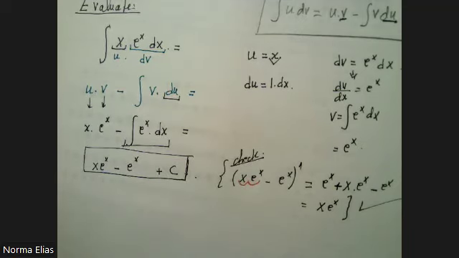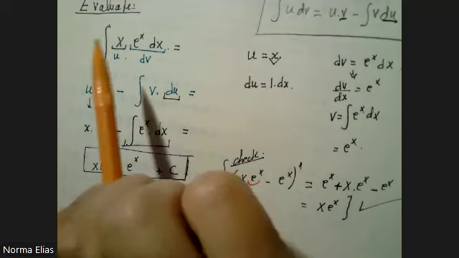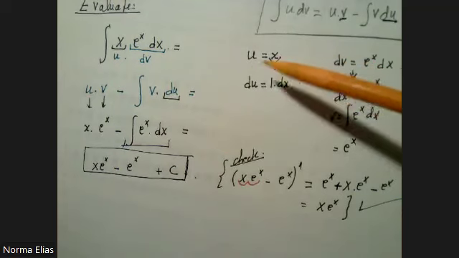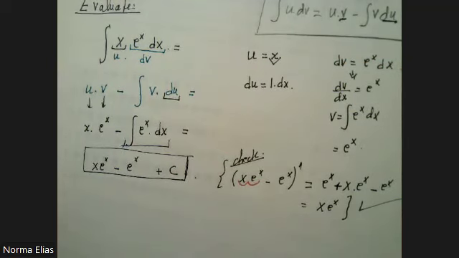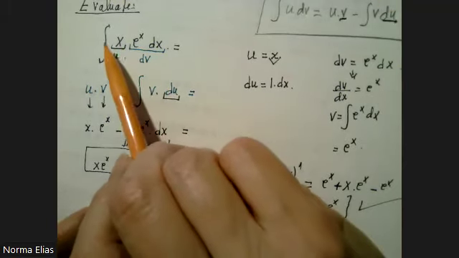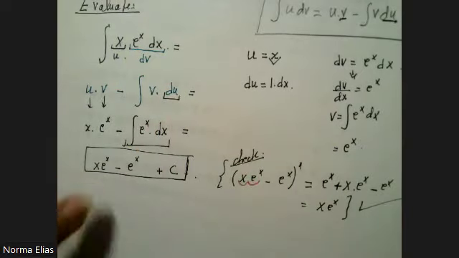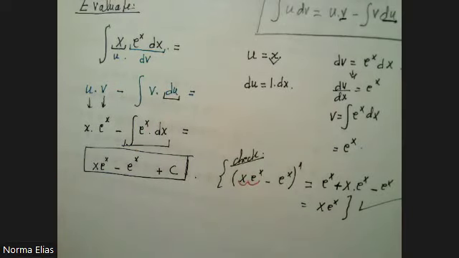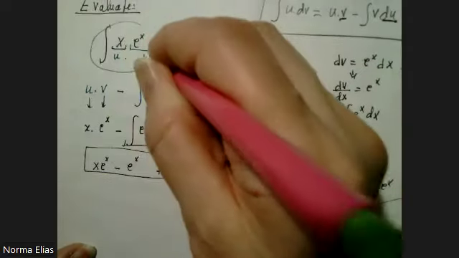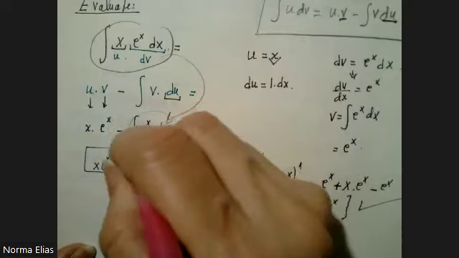All right, so let us talk a little bit about what we did in these problems. As I said, the most important part is for you to choose the u and your dv. It's going to be totally up to you. When we're choosing, there are two things that should happen. Integration by parts does not solve the problem. It transforms one integral into another one.